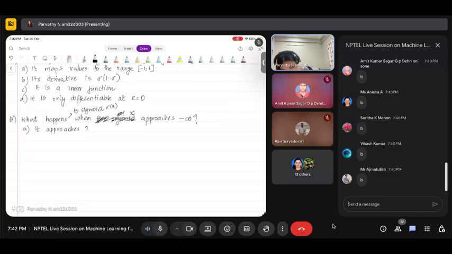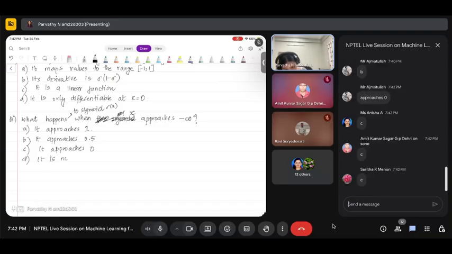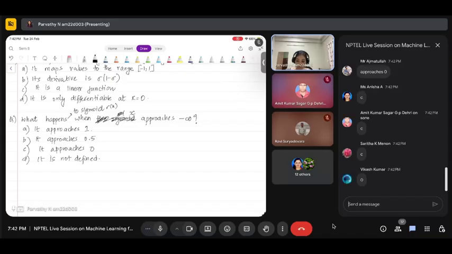So it approaches 1, it approaches 0.5, it approaches 0, it is not defined. What happens to sigmoid when x approaches minus infinity? Yeah, so when x becomes minus infinity, it becomes 0.